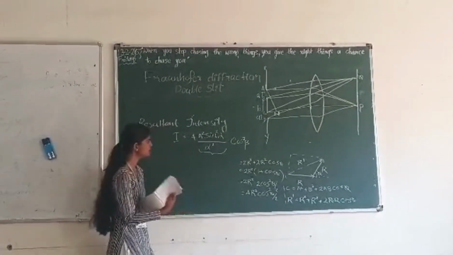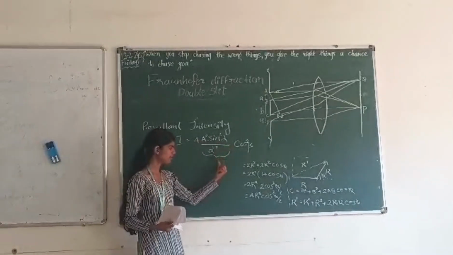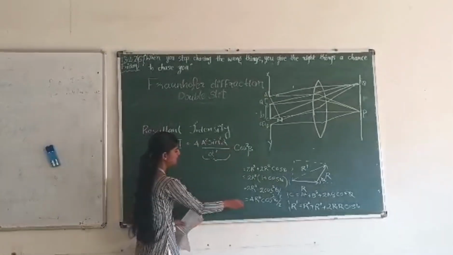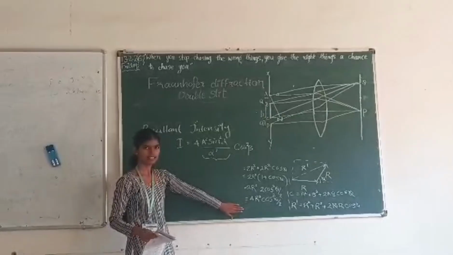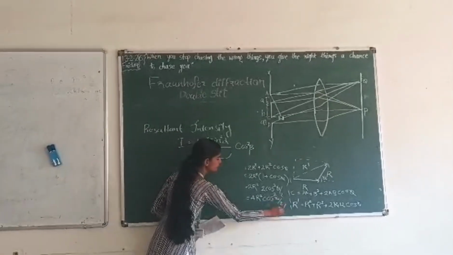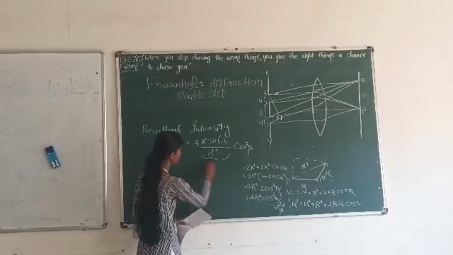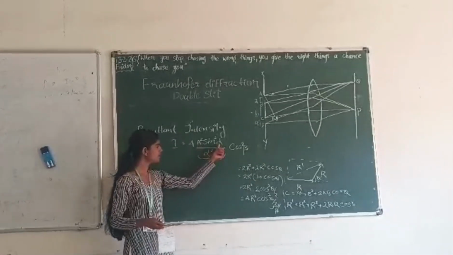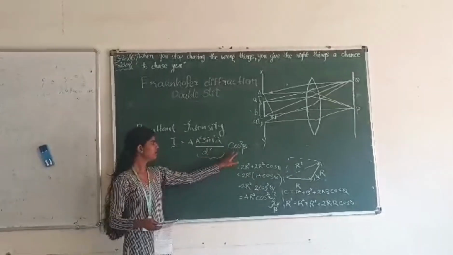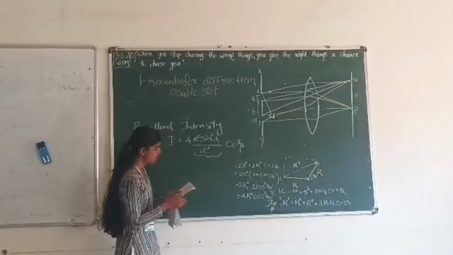Here R square is A square sin square alpha by alpha square. Here phi by 2 we can take as beta. So the equation will be 4 A square sin square alpha by alpha square cos square beta.